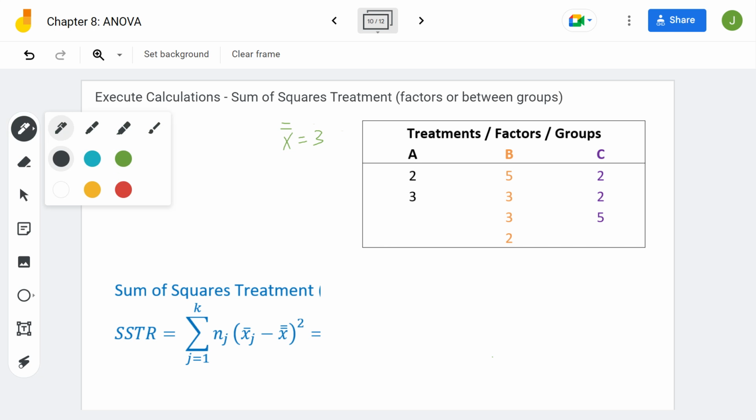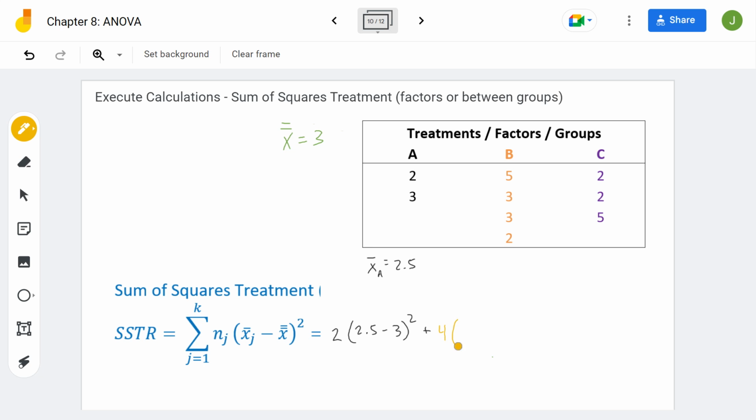So first of all, for column A, our sample size is 2. We have 2 values in column A, times the mean of column A. If you remember, x bar of column A, we said this was 2.5. So this is going to be 2.5 minus the overall mean of 3 squared. And then I move to column B. We have 4 values in column B. That's our sample size.